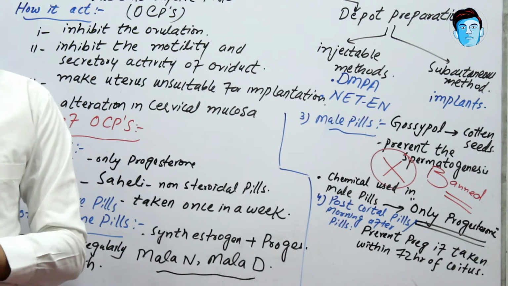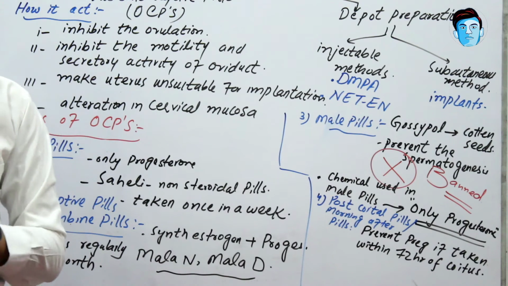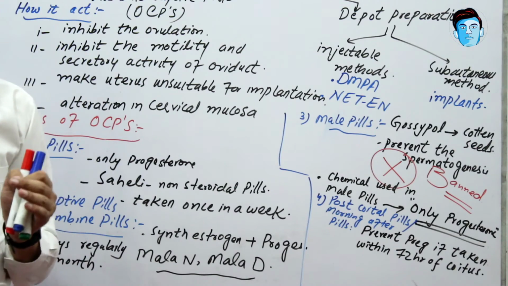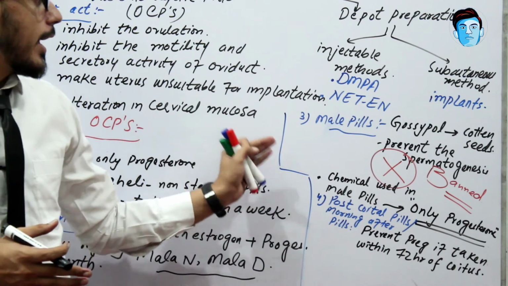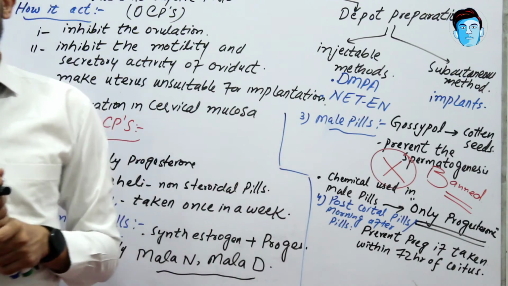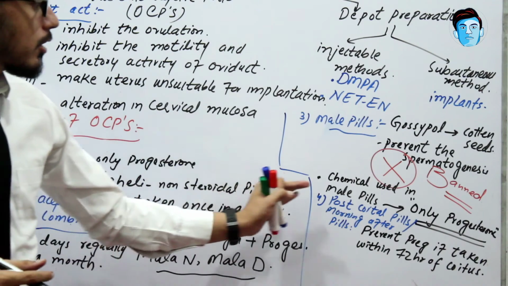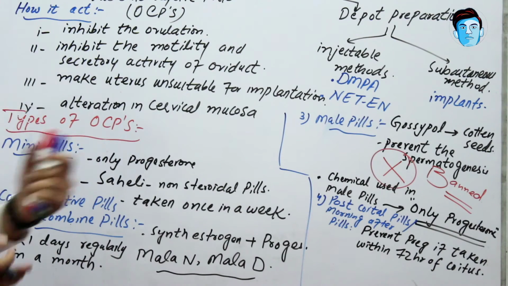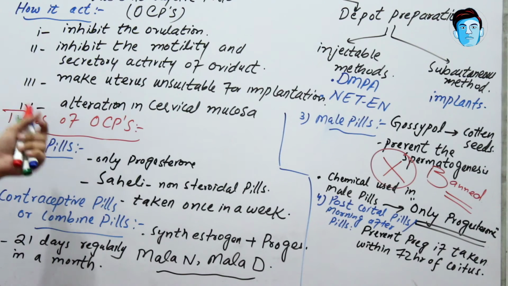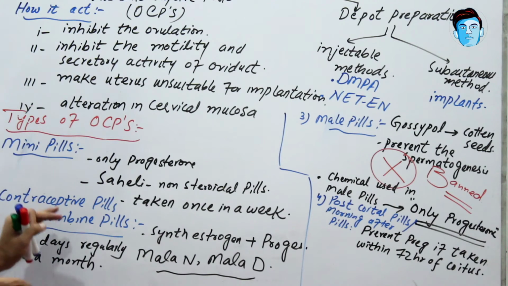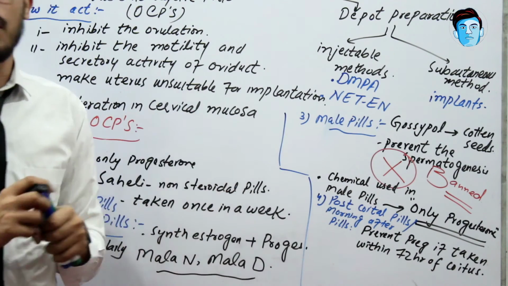The second type is combined pills. The third is male pills, and the fourth is postcoital pills, also called morning after pills. So students, this is all we need to know about the types of oral contraceptive pills.